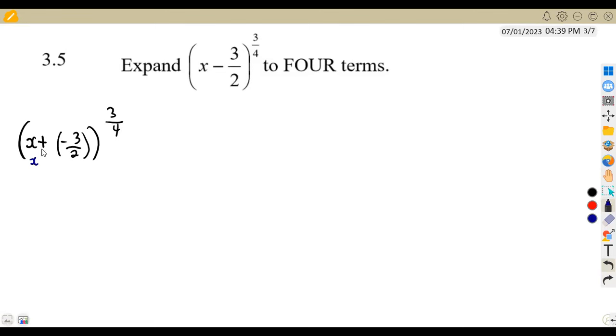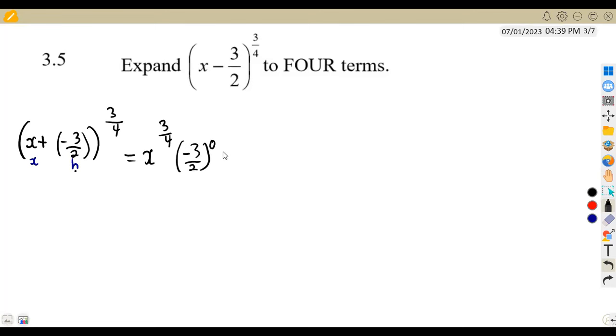Here it's exactly in terms of x. Then this is the h part. So we are going to use the same thing, that x starts with the exponent that you're given. That's x to the exponent of n. So you're going to have x to the exponent of 3 over 4, whilst h starts at 0. So that's minus 3 over 2, starting to the power of 0.